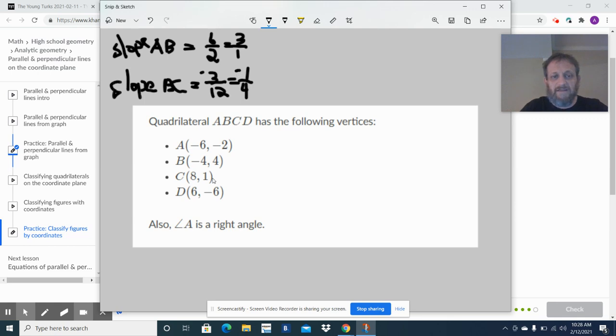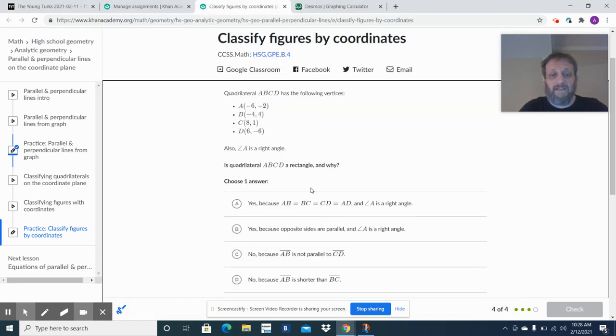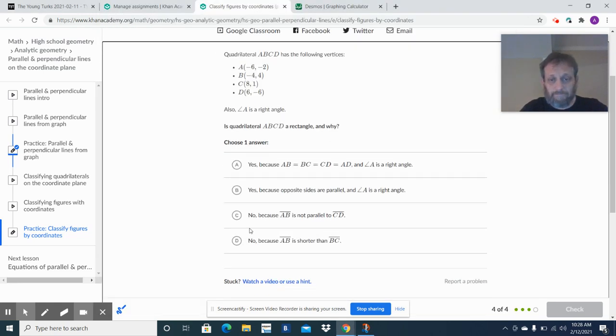So 4 to 1 is down 3. -4 to 8 is up 12. And they are not opposite reciprocals. That's not a right angle. So while angle A is a right angle, B is not a right angle. You don't need to do any more than that. It clearly is not a rectangle.